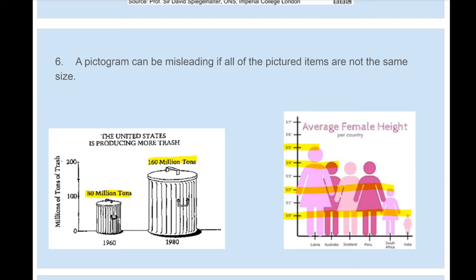But really, a 1 inch change is not a large drop. Definitely not as noticeable as this graph makes it appear to be. So again, it can be misleading if all the pictured items are not the same size.